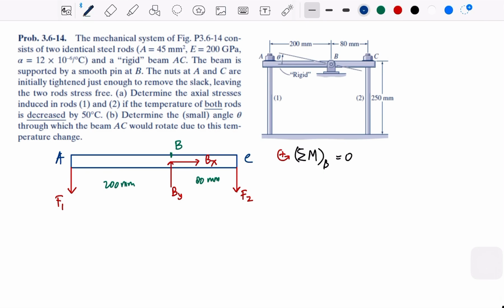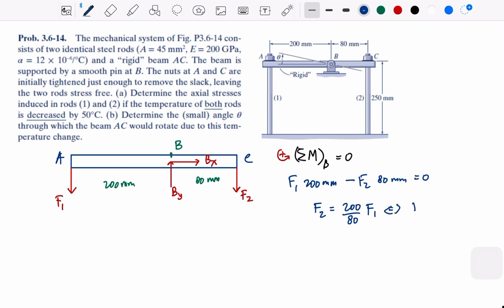So 200 millimeter F1, and then minus F2 times 80 millimeter, equal to 0. So F2 is 200 over 80 F1, or this is 2.5, right?